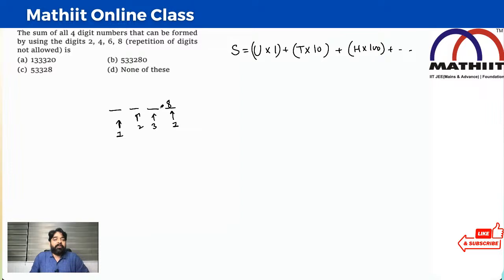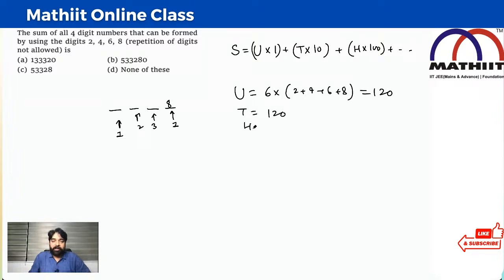So the total number of numbers where the last place will be 8 is 6. So the sum of the unit place will be what? 6 into the sum of the digits, 2 plus 4 plus 6 plus 8, and that will be 10, 20, so 120. The tenth place also will be 120.